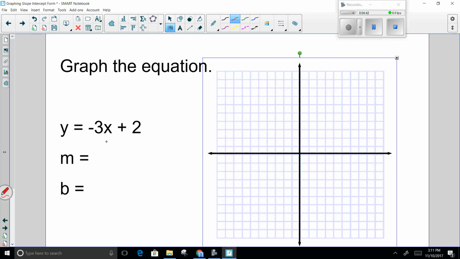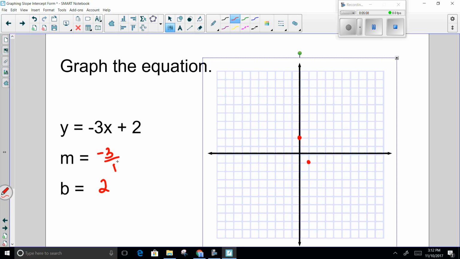Okay? Now, our slope here is -3. And our y-intercept is 2. So again, y-intercept, positive 2. And then we have a negative slope. So we make a -3 over 1. So that tells me rise -3. So a negative movement would be down 1, down 2, down 3, right 1.